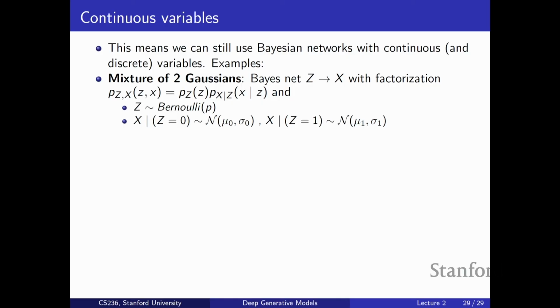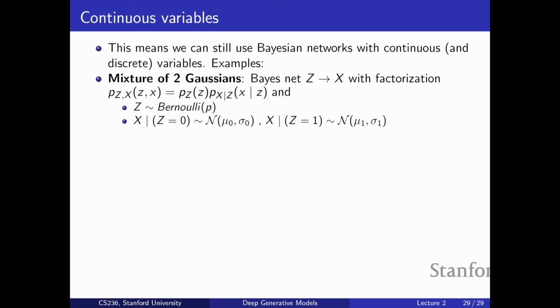And for example, you could say z is a Bernoulli random variable with parameter p. So z is binary, it's either 0 or 1, and you choose a value with probability p, flipping a biased coin. And then conditioned on z, you choose a value for x by, let's say, sampling from a Gaussian.